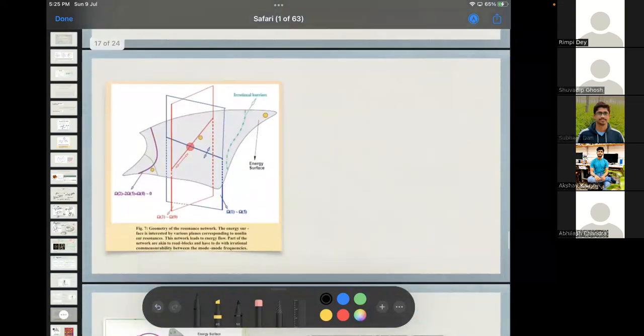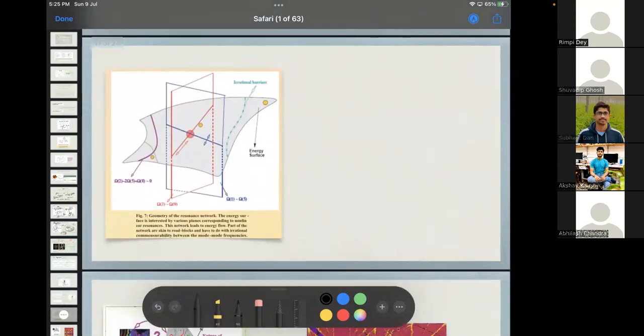Now, in general, for a 3-dimensional or multi-dimensional case, omega 1 by omega 2 will be something like this, and omega 2 by omega 3, let's say this is N1 by N2, this is N2 by N3, like this. This is for the general multi-dimensional case, for N greater than or equal to 3.